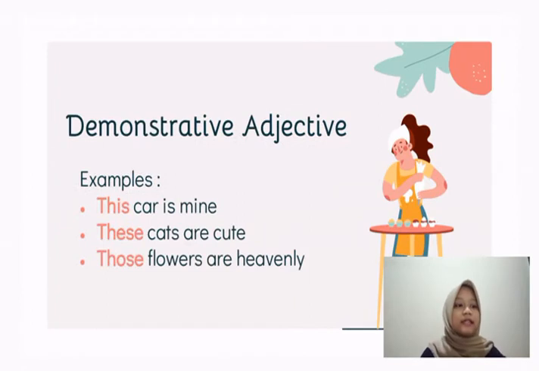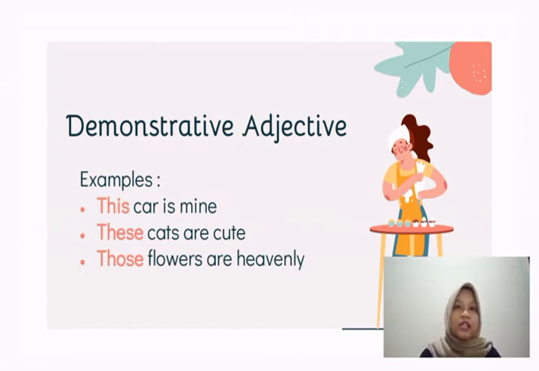And the next is demonstrative adjective. This adjective directly refers to something or someone, or describes which noun or pronoun you're referring to. Examples of this adjective are this, that, these, and those.